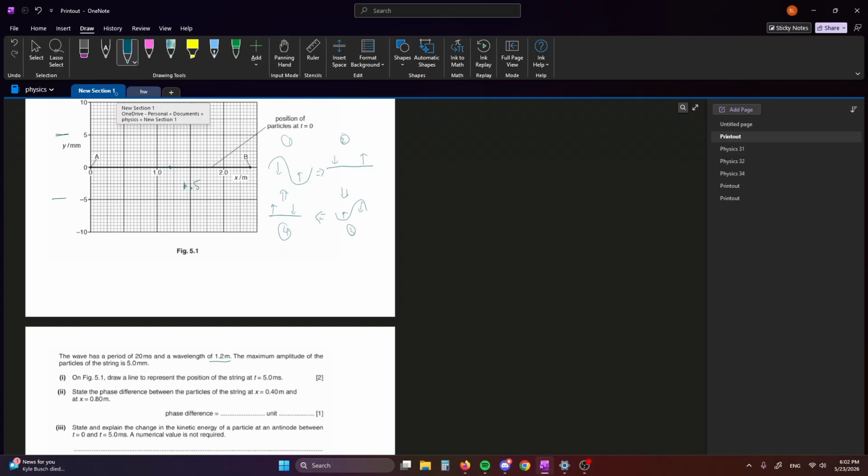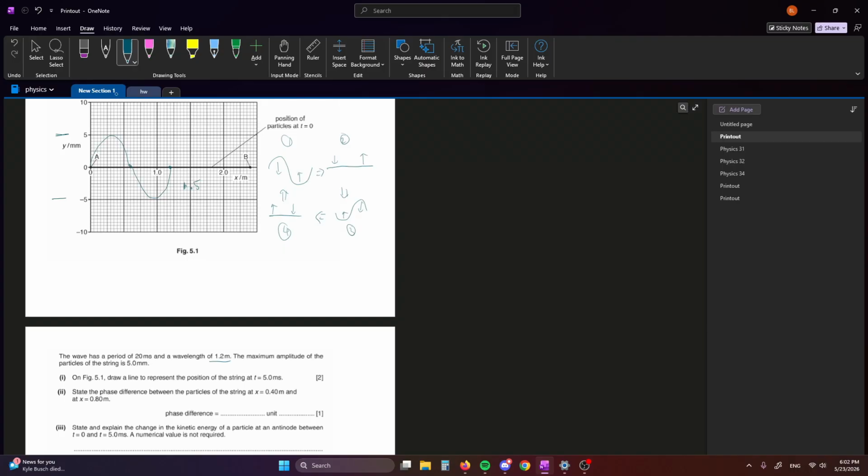So since this is 1.2, we go half of it to get the second hump. So this is like what? 1, 2, 3, 4, 20 squares plus 4, so I need 12 squares. So around here. So we go up, down at this area, down, up, and we repeat. This should be around 2.4, right?